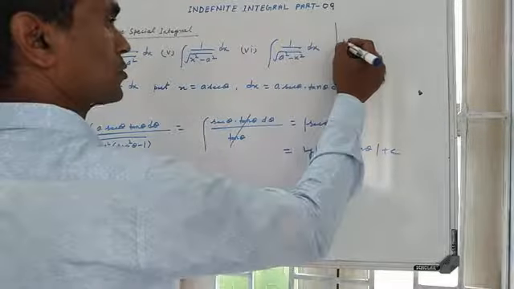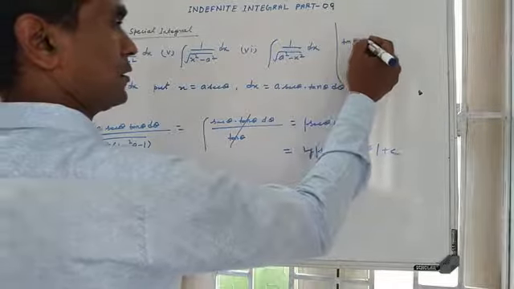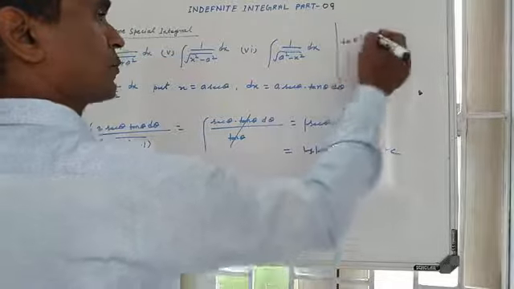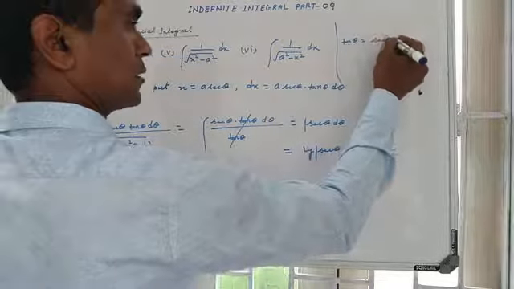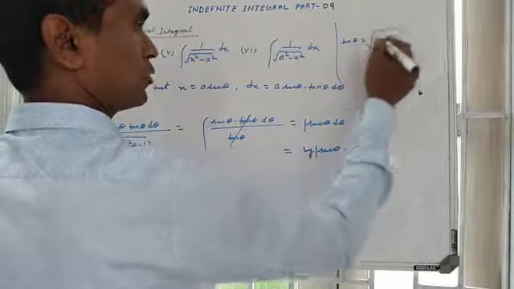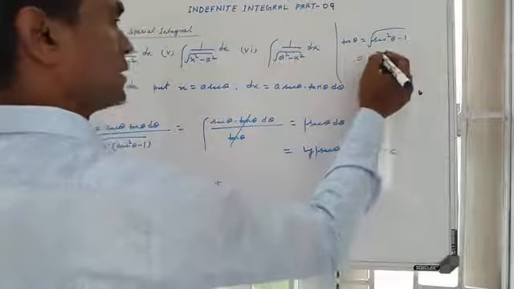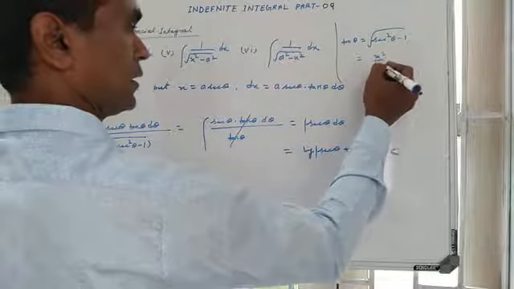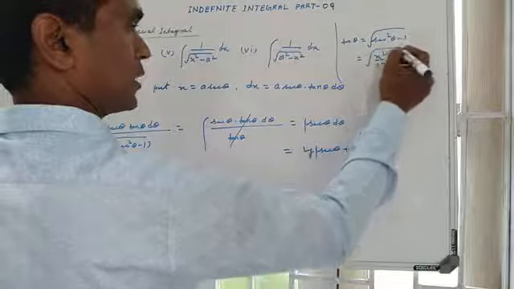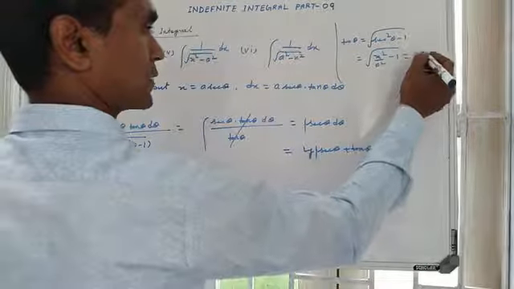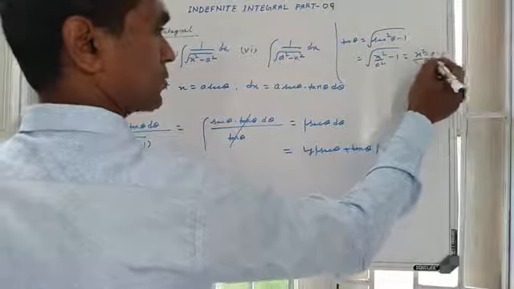So sec square theta is x square by a square, minus 1, under root, is equal to root of x square minus a square by a.